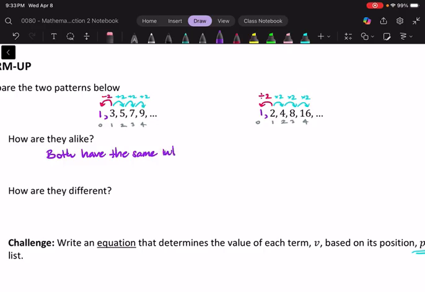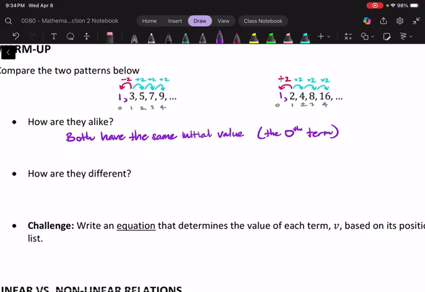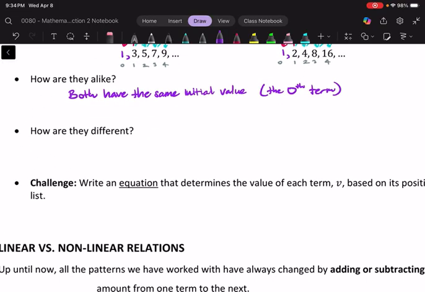So they both have the same initial value, or what we call the 0th term. Also, if you plan on doing computer science at some point in your life, getting used to starting with an index of 0, super handy. Take it from a computer science nerd. That would be me. I'm the nerd.